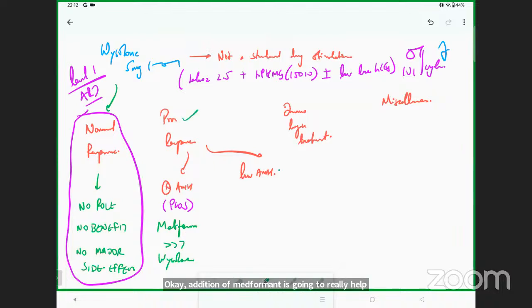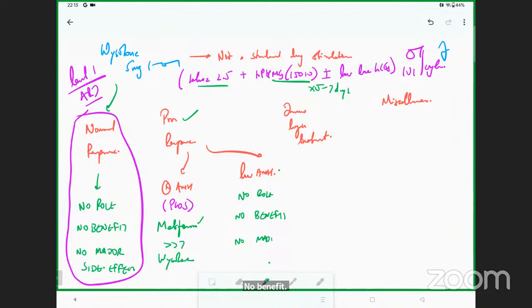When you have given the standard dose for approximately 5 to 7 days and there is a poor follicular response, next cycle if you add metformin, your response will be way better as compared to addition of Wysolone. Just in case you want to add Wysolone, it may or may not help. Nobody knows. Again, when we come to low AMH, there is no role, no benefit, no major side effect.